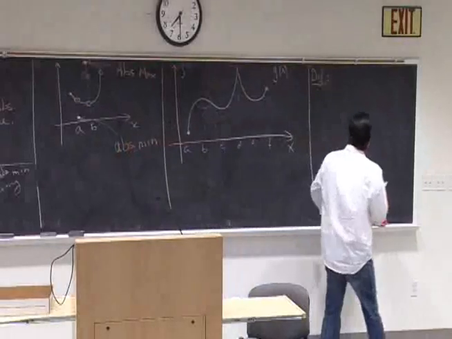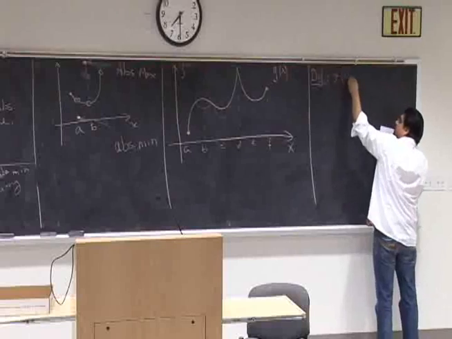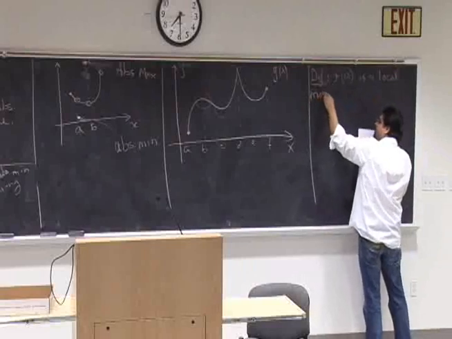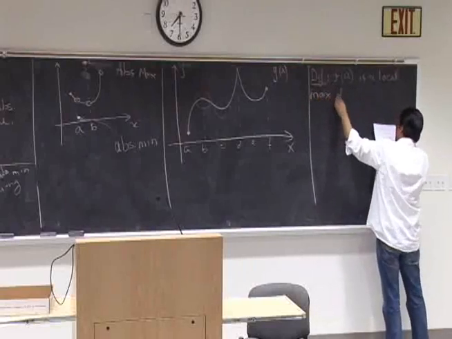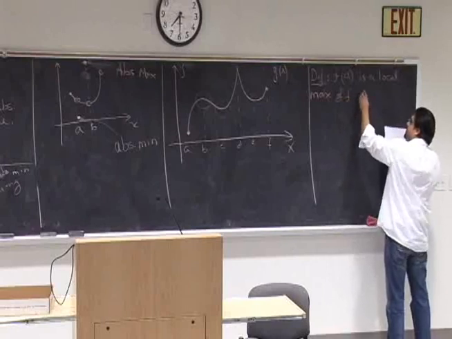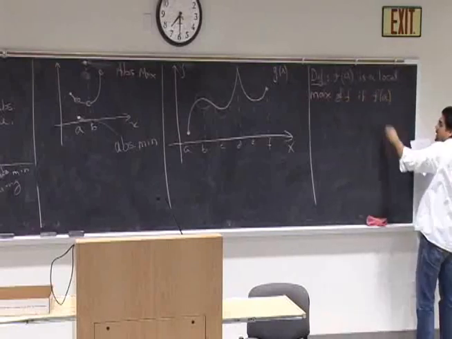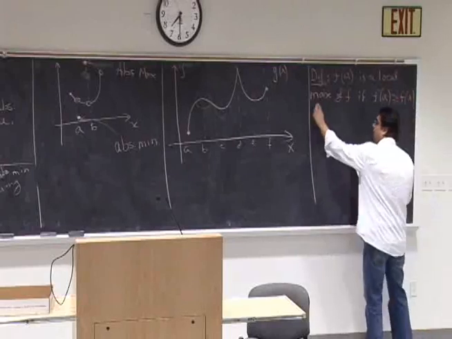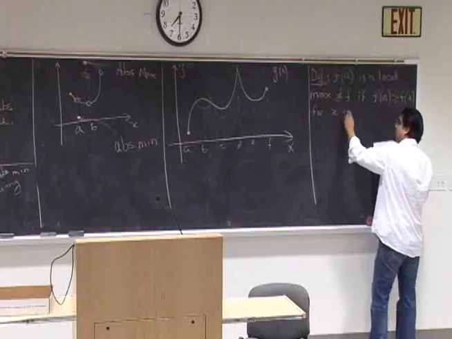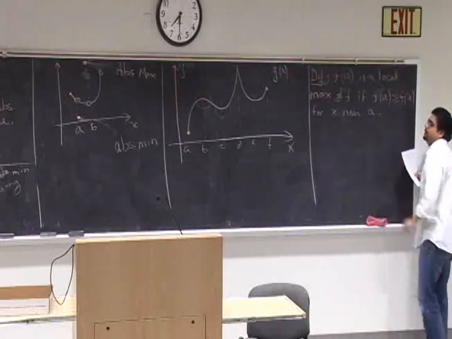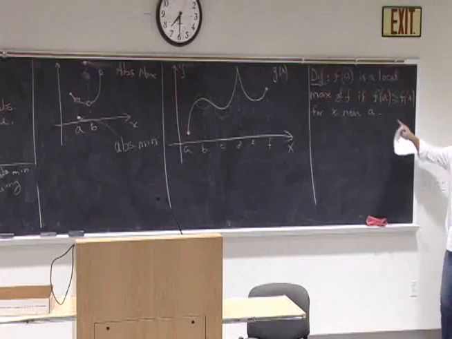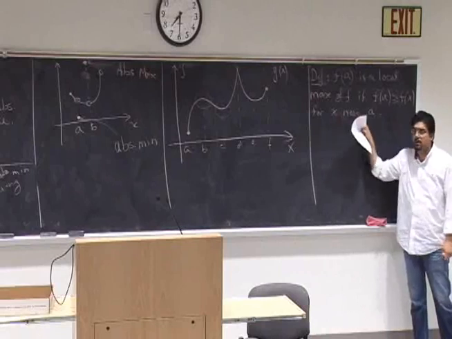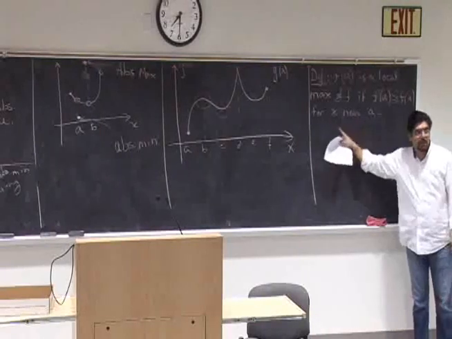So f of a is a local maximum of f if it's the largest value, so that f of a is more than or equal to every other function value for x near a. Okay? f of a is the largest value among all the values of x, as long as you're just talking about those values of x that are near a.